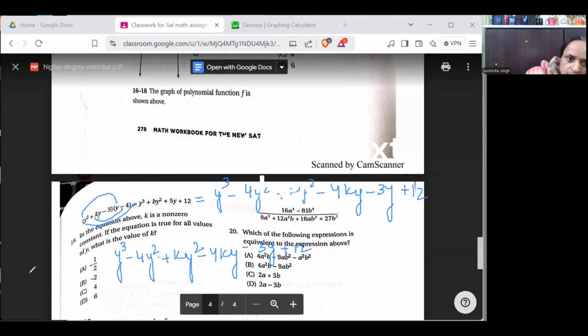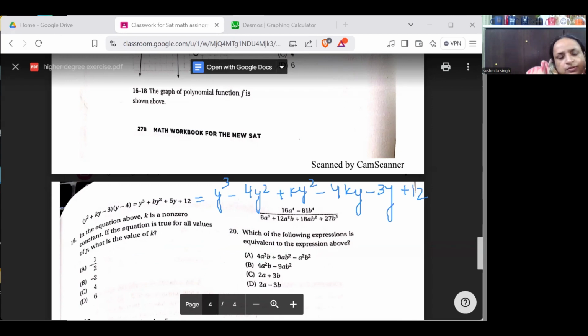When we equate the coefficients, it simply means that y cubed needs to be equated with y cubed, and x cubed with x cubed.